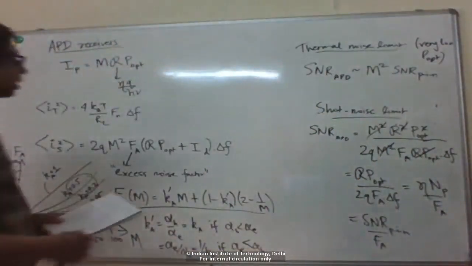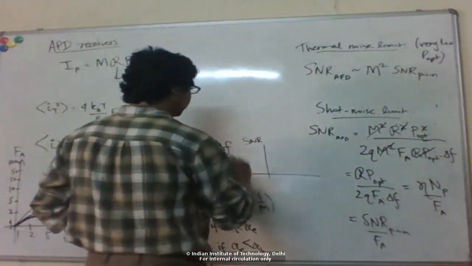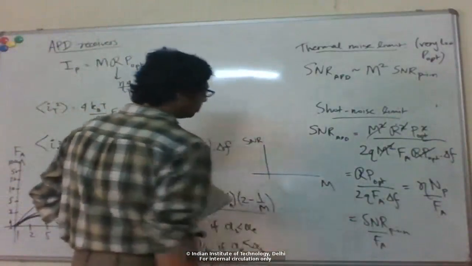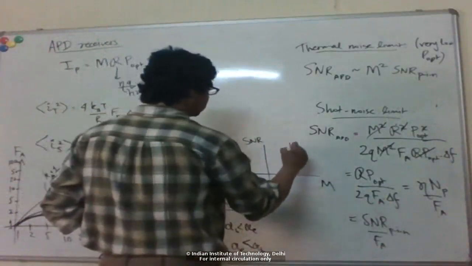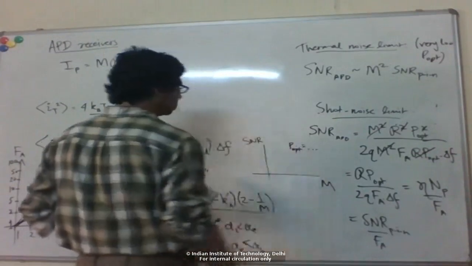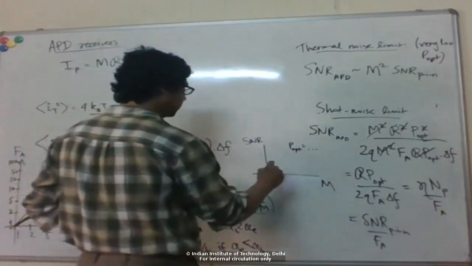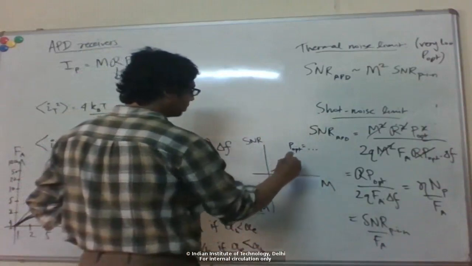Okay, so in other words, if I plot SNR for the APD versus gain factor m for a given optical power, P optical equal to some constant value, and we just change m and see how the SNR is scaling. So SNR will go up.